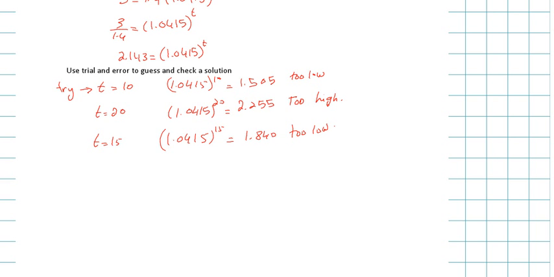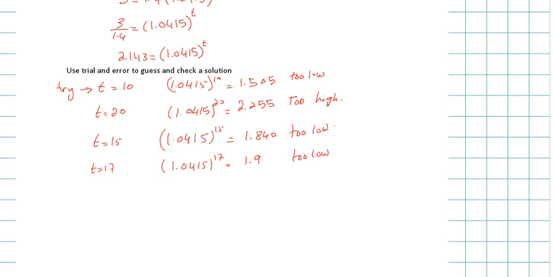What do you get when you have 17? 1.918. So it's still too low. Is it 1.918 or 1.9? 1.99 is almost 2. So 1.99. Okay.